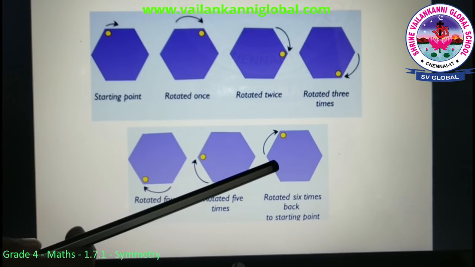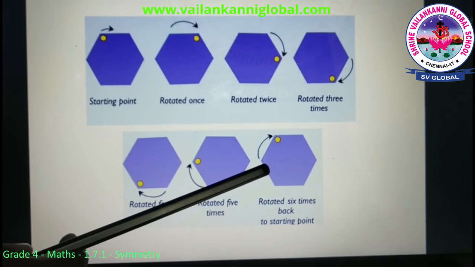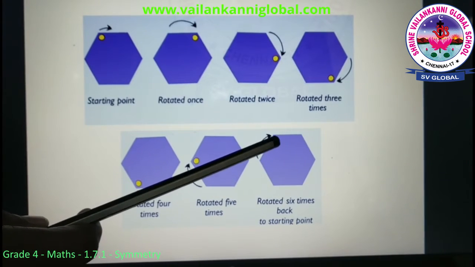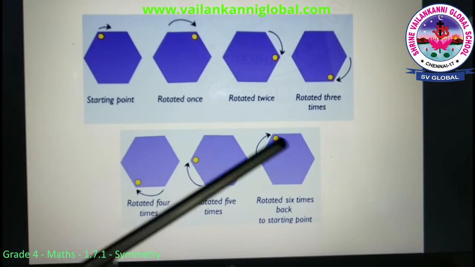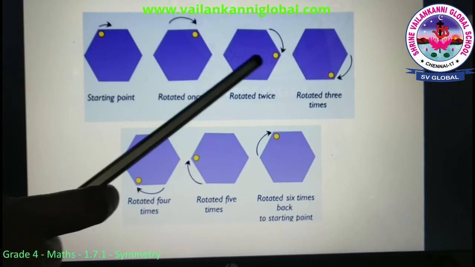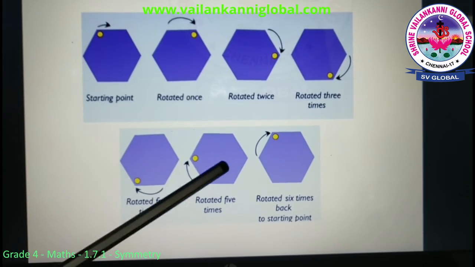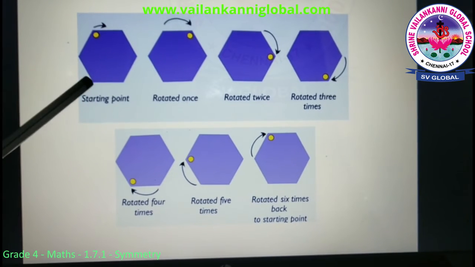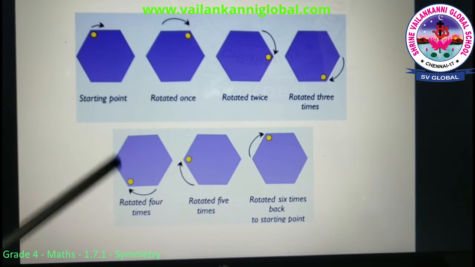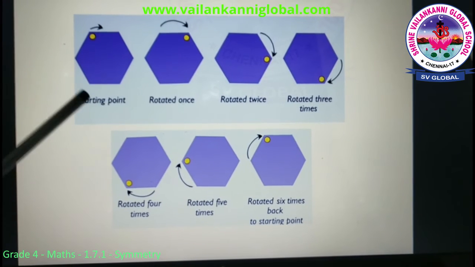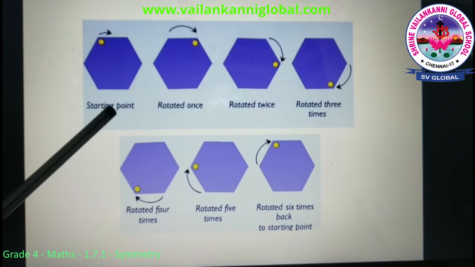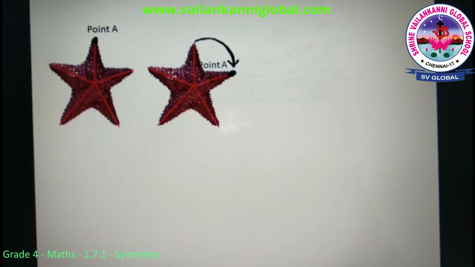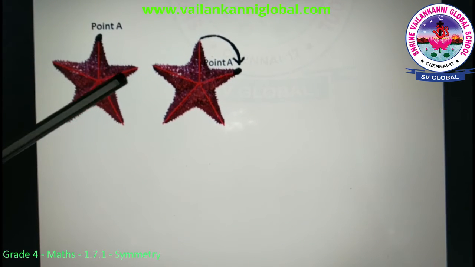Finally it came back to the starting point. So both are equal. Totally 1, 2, 3, 4, 5, 6. The order of rotational symmetry for this hexagonal shape is 6. It turns the entire full circle, that means 360 degrees.